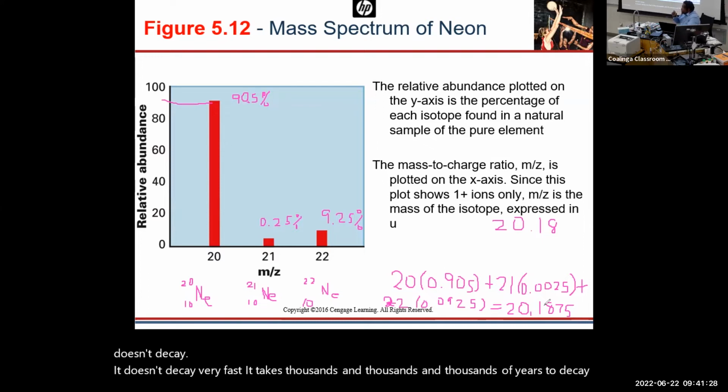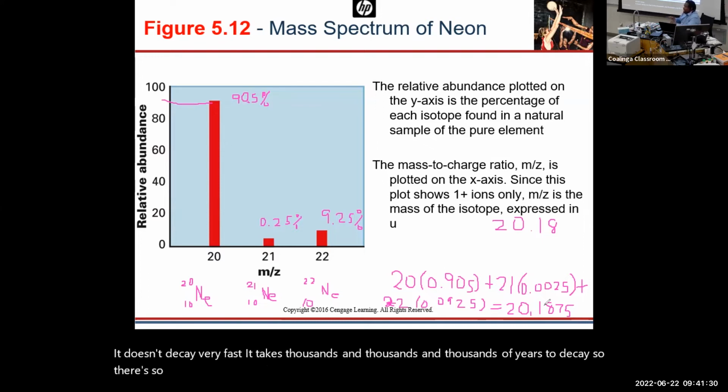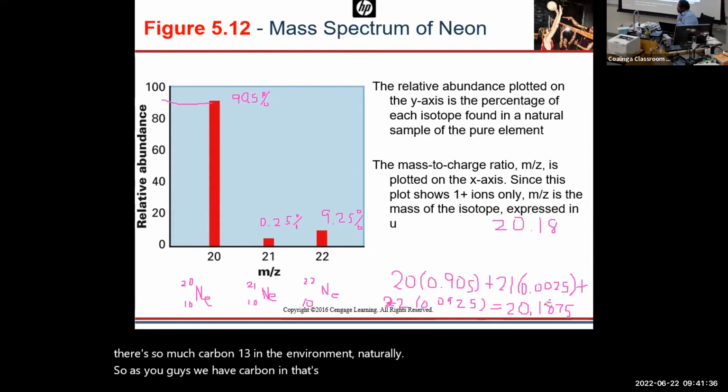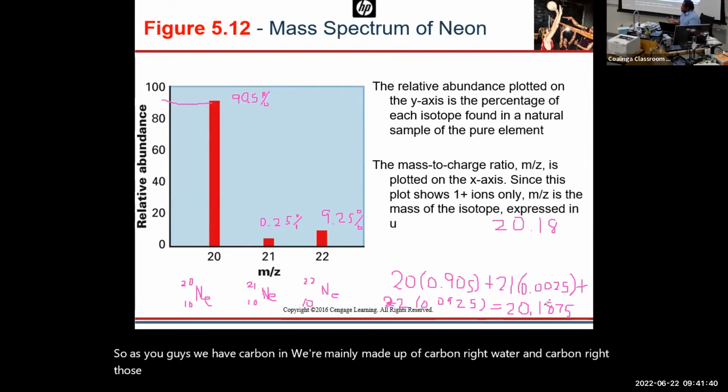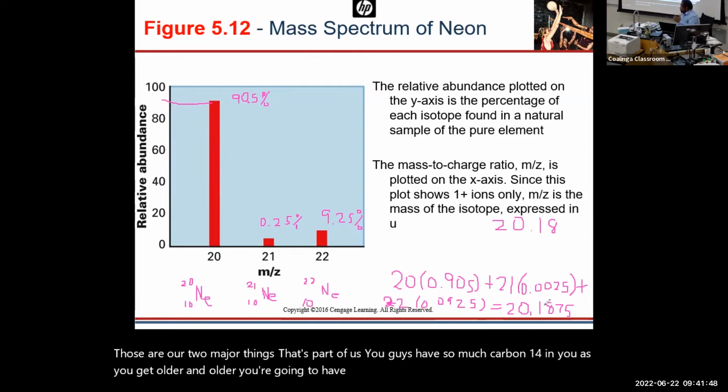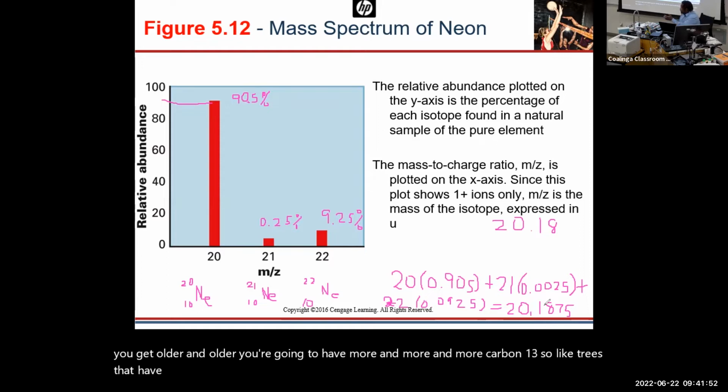It takes thousands and thousands and thousands of years to decay. So there's so much carbon-13 in the environment naturally. As we have carbon in us, we're mainly made of carbon, right? Water and carbon, those are our two major things. You guys have so much carbon-13 in you. As you get older and older, you're going to have more and more carbon. Like trees that have been around for millions of years have a lot of carbon-13 in them.